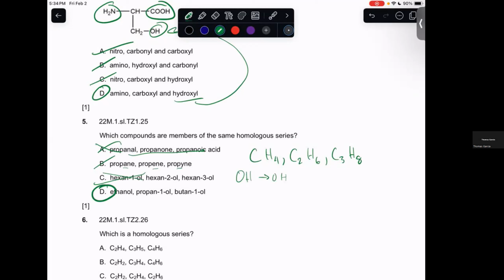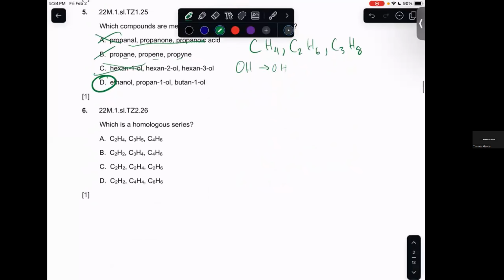These are all going to be part of the homologous series of an alcohol on the first carbon. All right, which is a homologous series? We just did this one, so let's go ahead and look. C2H4, C3H5, C4H6. That isn't really a pattern that we have. Doesn't really fit into anything. We can try and work it out.